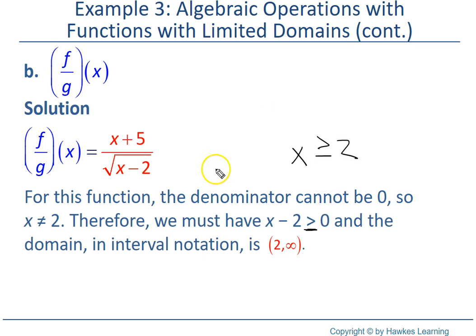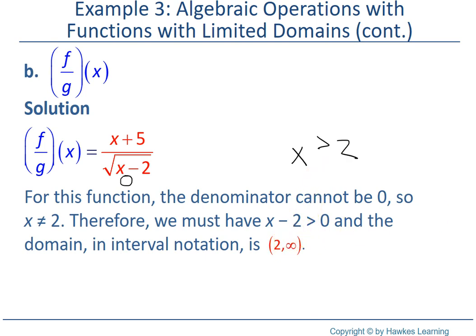In the previous one, you now cannot have that negative here, because that would make it equal to 2, and this cannot be 2, because that would make the denominator a 0. So the difference here is that you can't have an equal sign in that denominator, so we have to take that away.